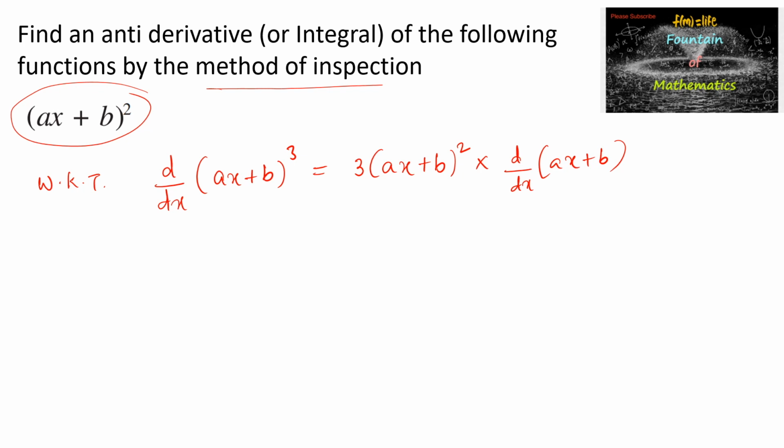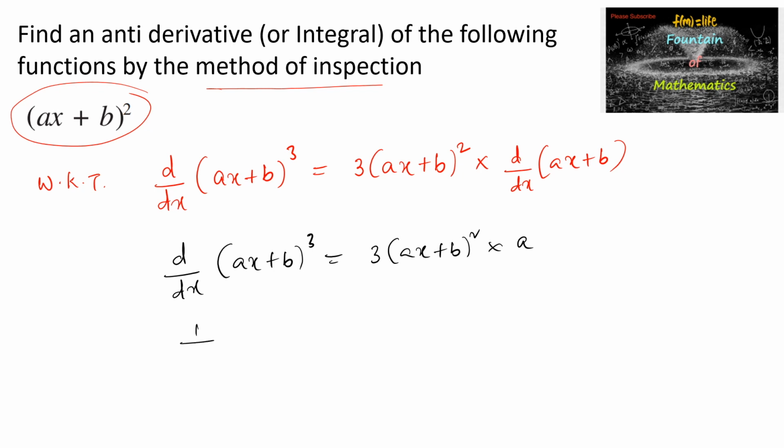So d by dx of (ax plus b) whole power 3 is equal to 3 times (ax plus b) whole square into the differentiation of ax plus b, which is a.